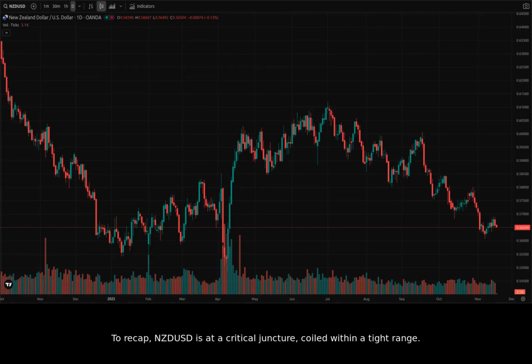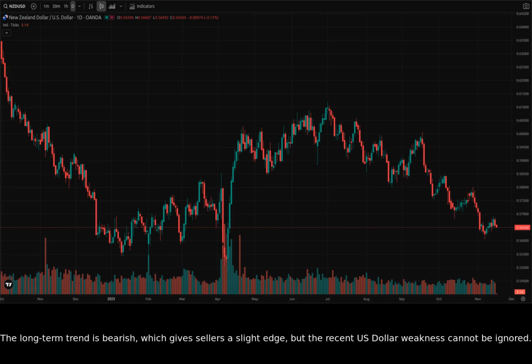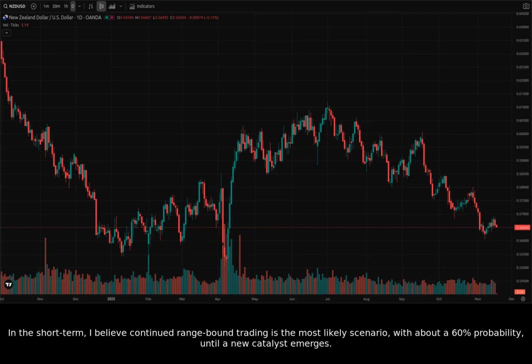To recap, NZDUSD is at a critical juncture, coiled within a tight range. The key levels to watch are the resistance at 0.5691 and the support at 0.5650. The long-term trend is bearish, which gives sellers a slight edge, but the recent US dollar weakness cannot be ignored. In the short term, I believe continued range-bound trading is the most likely scenario, with about a 60% probability, until a new catalyst emerges.